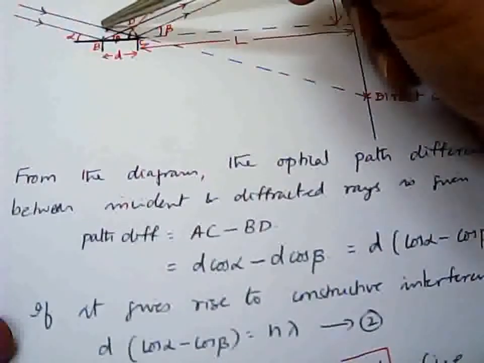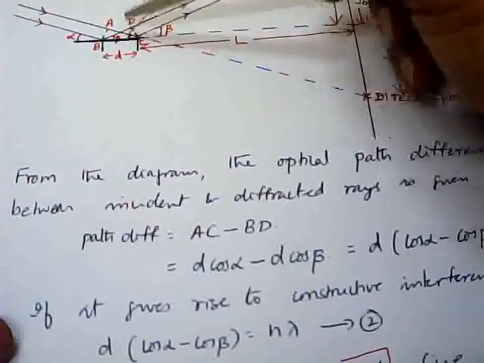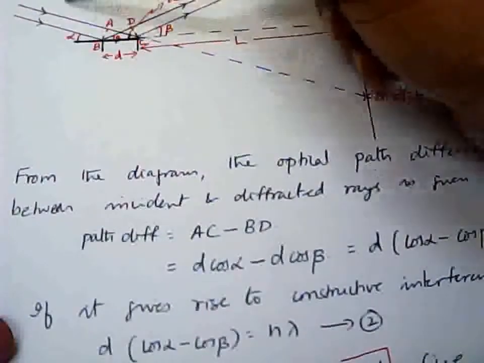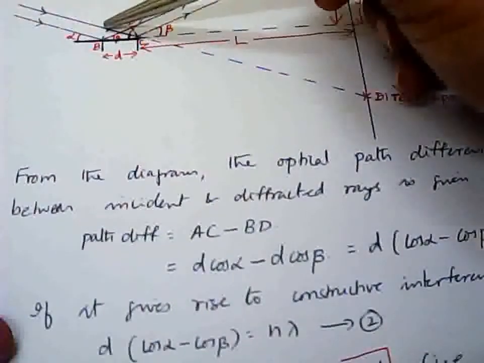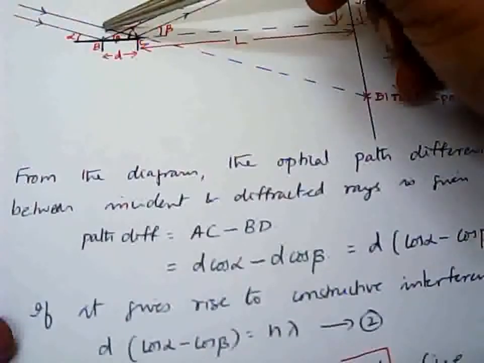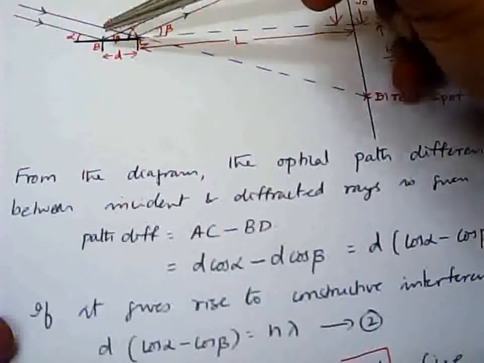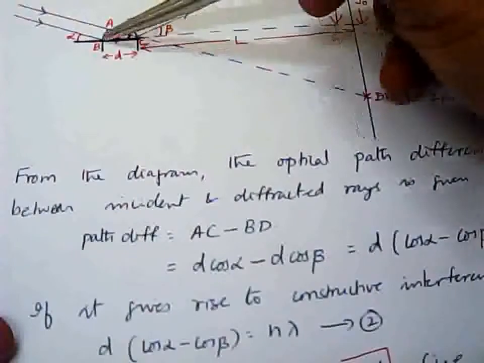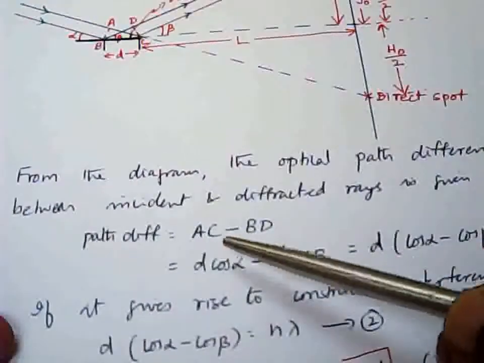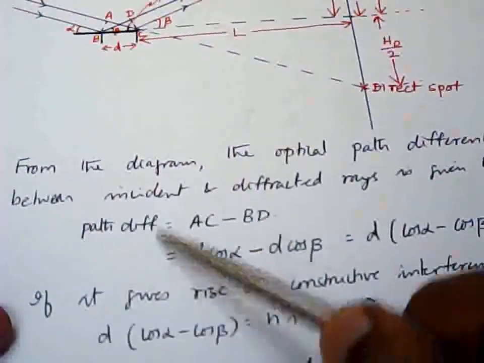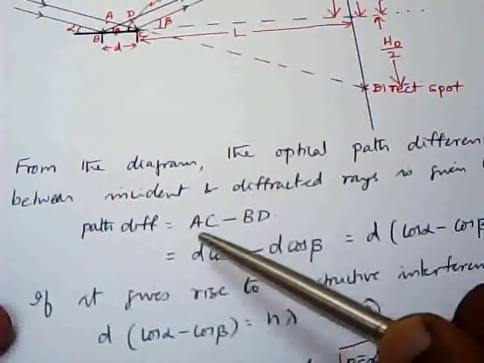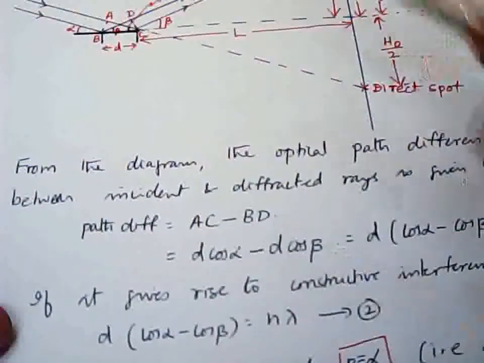The optical path difference between these 2 rays which are coming and striking is nothing but AC minus BD. So that is what is written here.